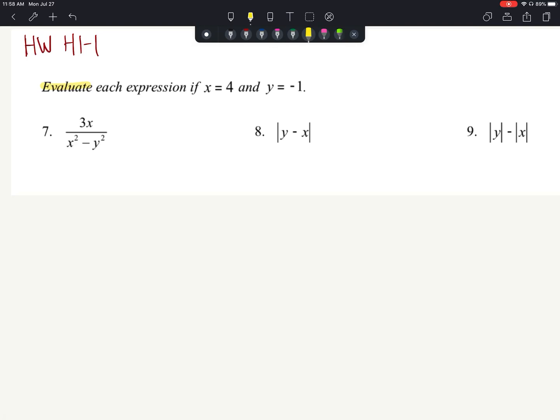Let's take our number 7, which is 3x divided by the quantity of x squared minus y squared, and let's substitute in our values for x and for y.